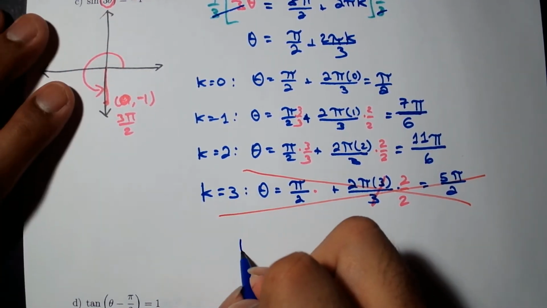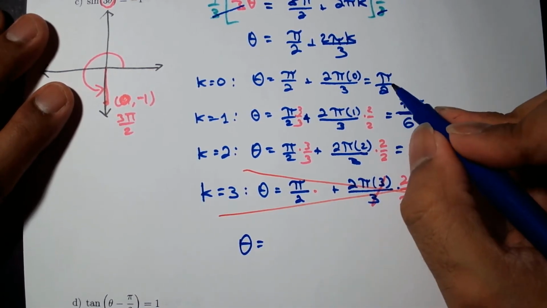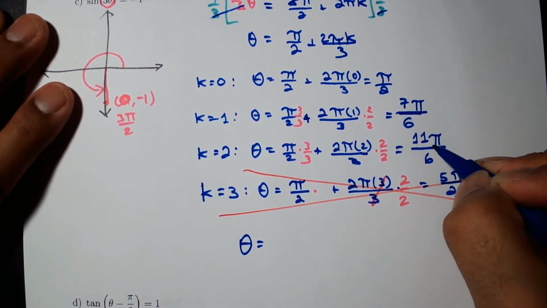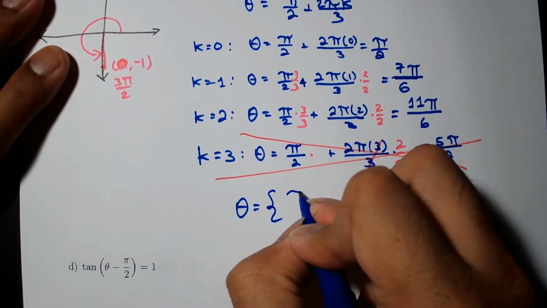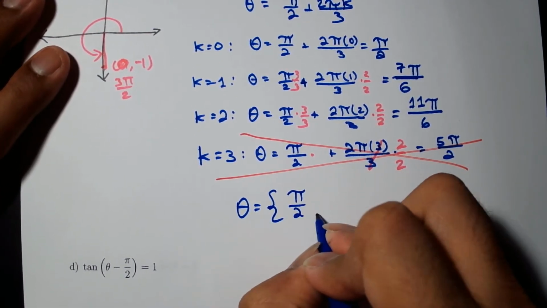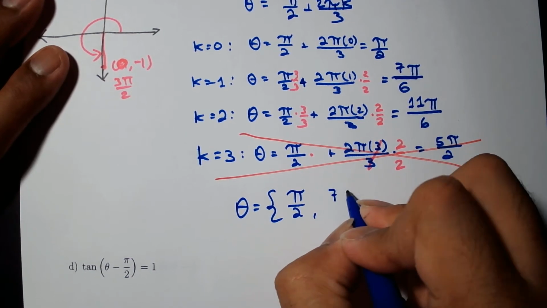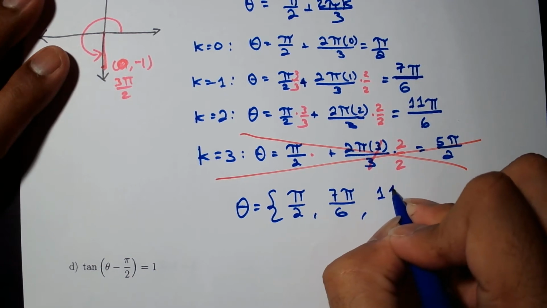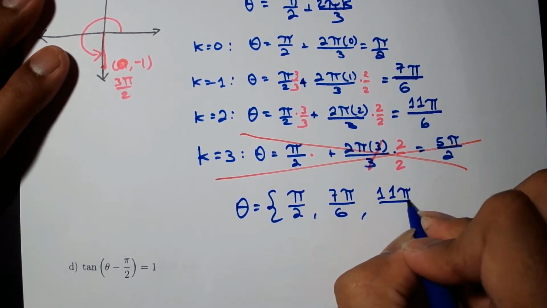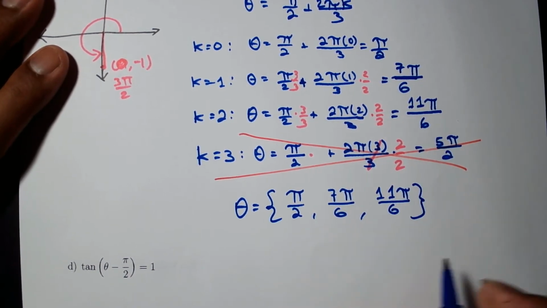So the only solutions are going to be pi over 2, 7 pi over 6, and 11 pi over 6.